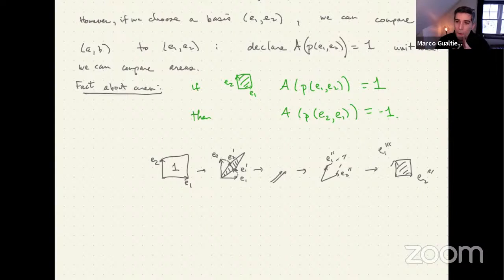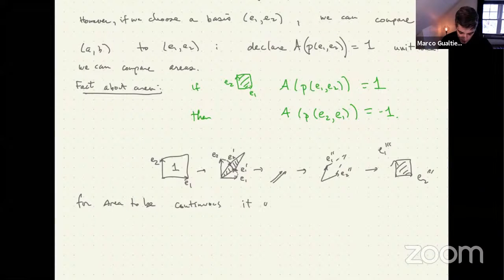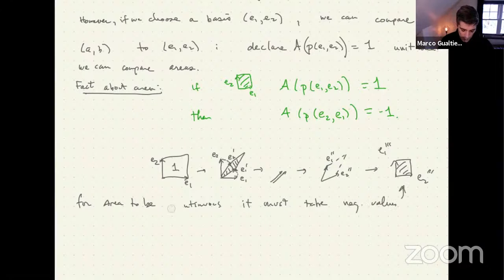You need to give an order to the list in order to have an area. For the area to depend smoothly on the vectors, it must take negative values.